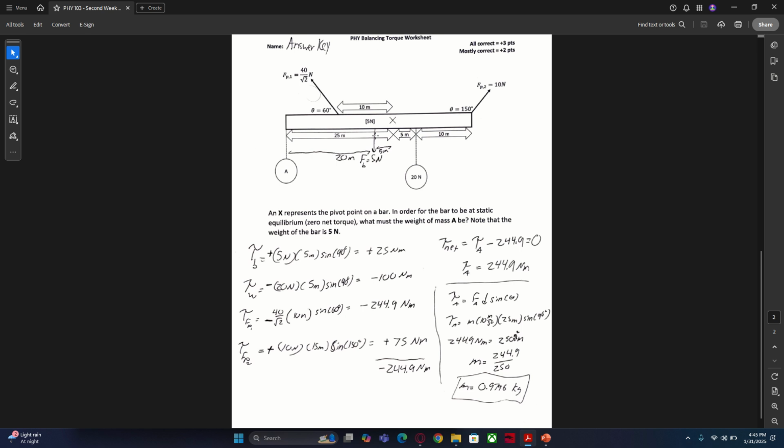If this force is at the halfway point, or 20 meters away from the edge, and this entire arrow is 25 meters, then the difference is going to be 5 meters. So this force is 5 meters away from our point of rotation, hence why we have that here.